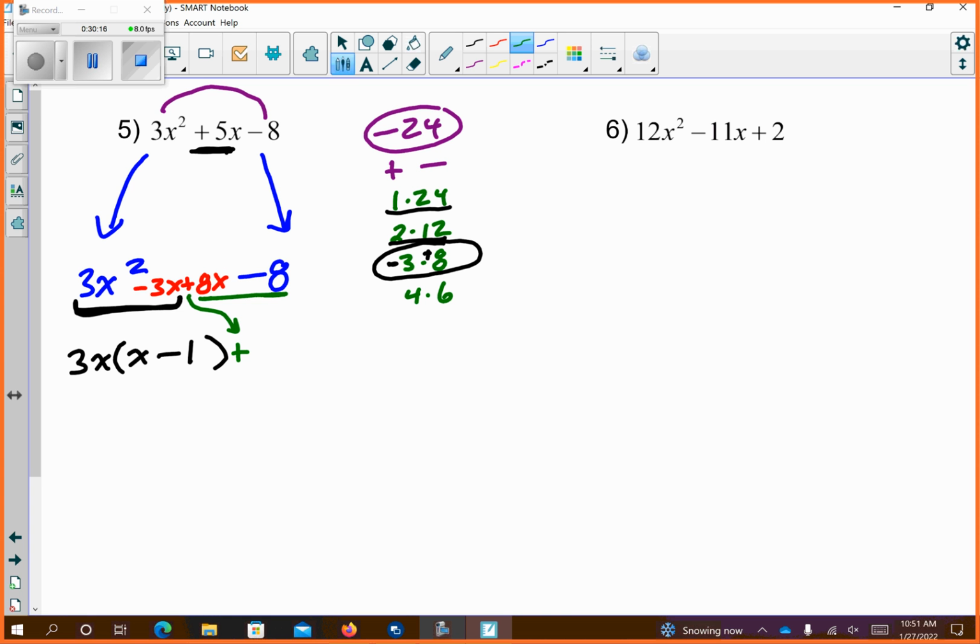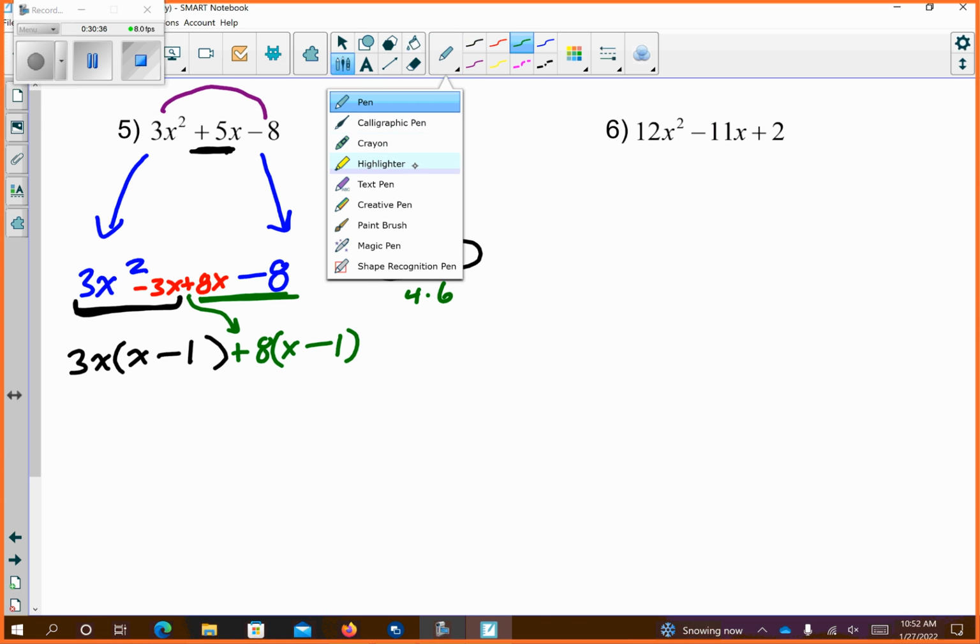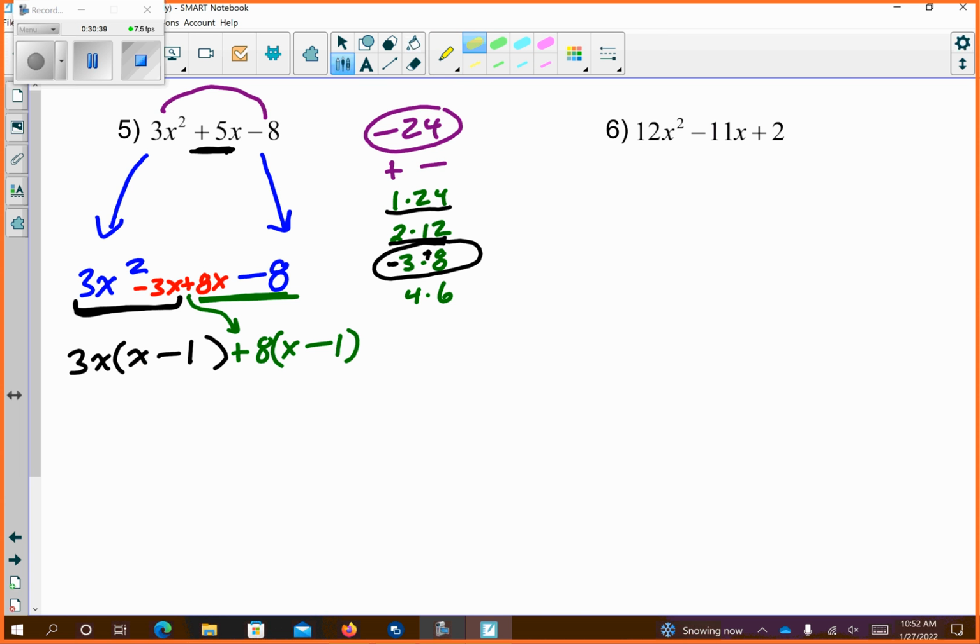What do I have in common between these two? 8. If I factor 8 out of 8x, what do I have left? And we're going to say minus because there's a minus, right? If I factor 8 out of 8, what's my placeholder? Are these the same? Who knows?